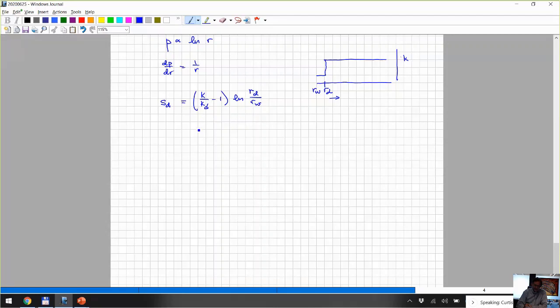So for example, if we want to use this as an analogy to blockage, condensate blockage, what would K over KD be?